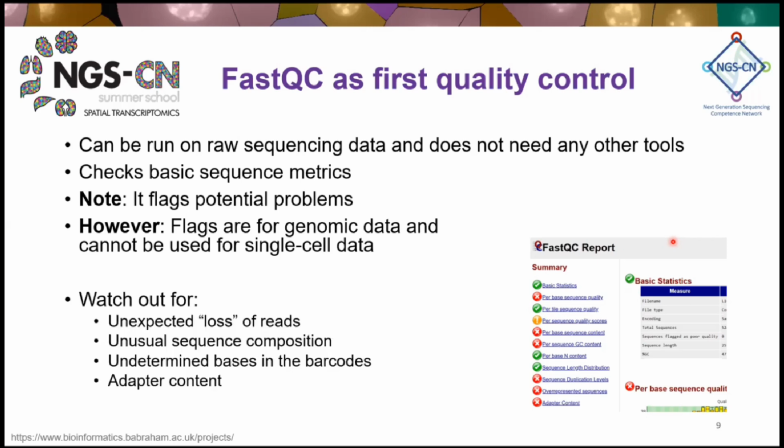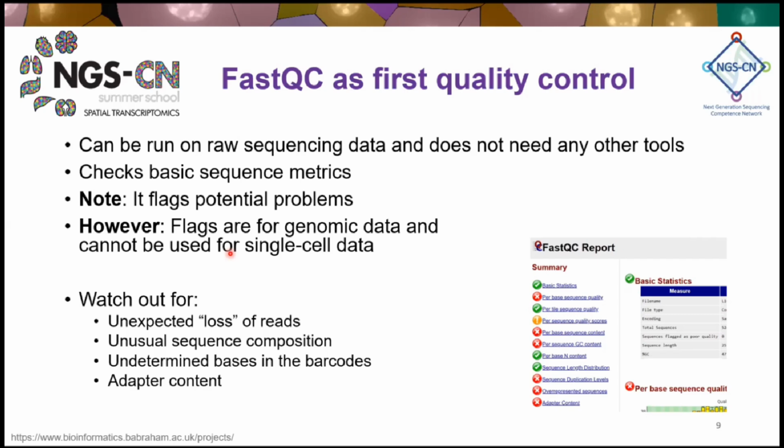So what you have to do is to go and check each metric, have a look at each of the metrics. And here I would suggest some of these recommendations. What you should watch out for is, first of all, an unexpected loss of reads. And I mean unexpected loss of reads.